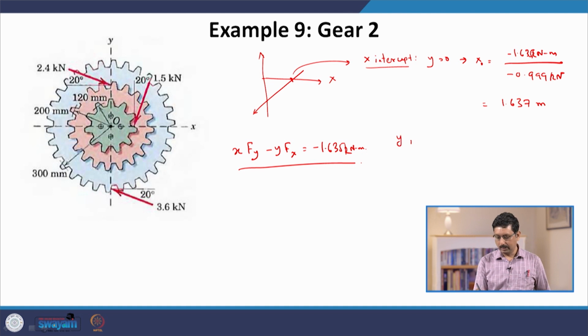Similarly, the y intercept is given by x equal to 0, and that is this point.